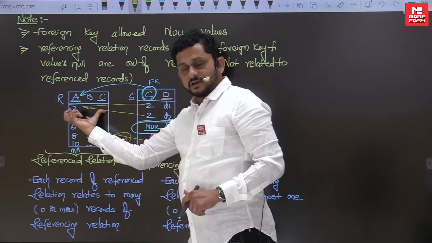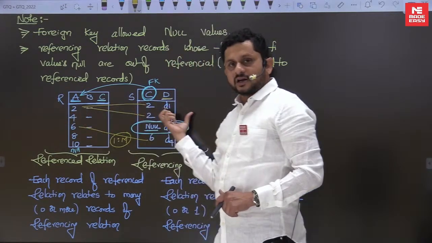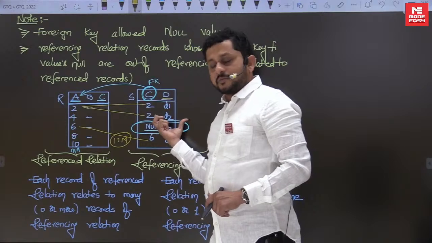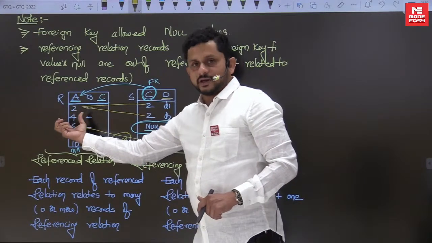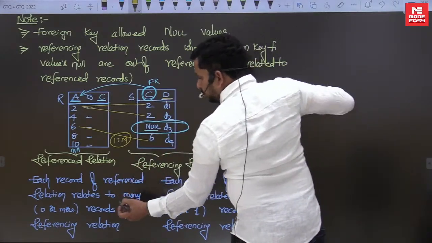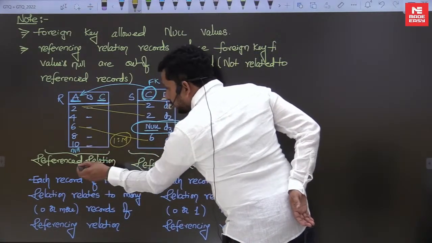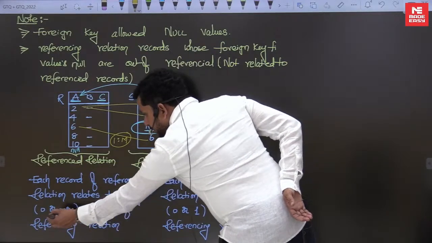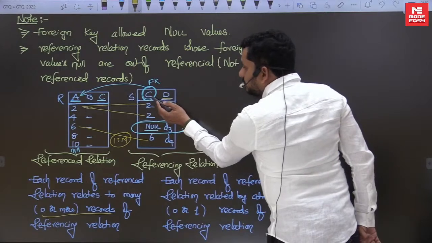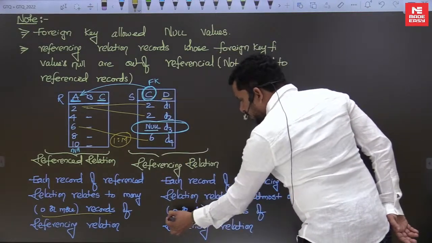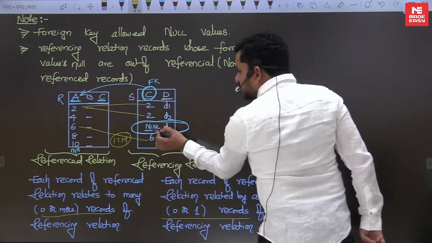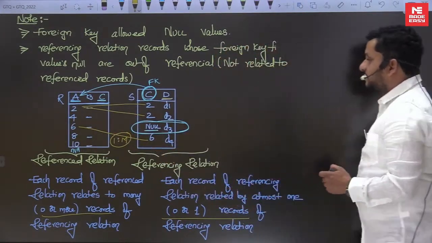Some record of the referenced table may not be related to anyone, and some record whose foreign key value is null from the referencing relation may not be related to anyone. So we can say that each record of the referenced relation can be related to zero or more records of a referencing relation, and each record of the referencing relation can be related to at most zero or one record of the referenced relation because of this null value.